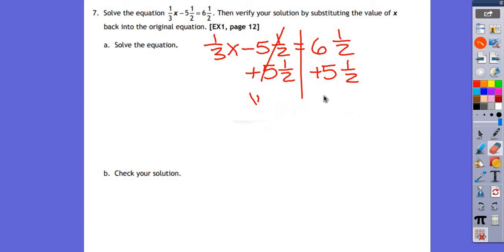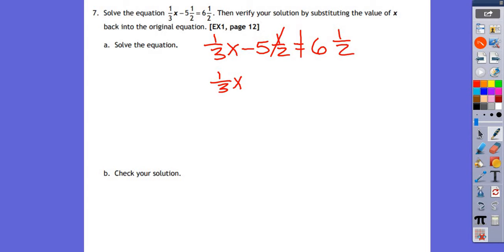Okay, so I'm going to back this up, and I am going to show you how to get rid of fractions. The first step in getting rid of fractions in a problem is change everything to a mixed improper fraction. So I'm changing this to 1/3 x minus, that's going to be 11/2, right?